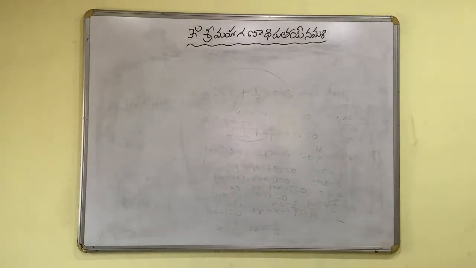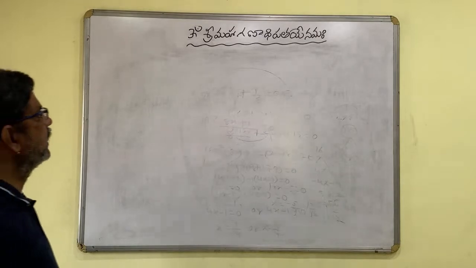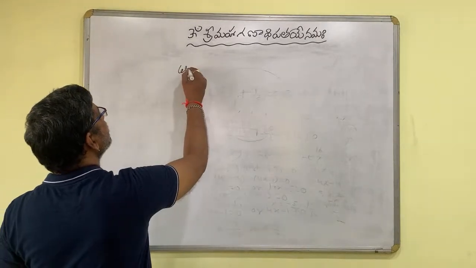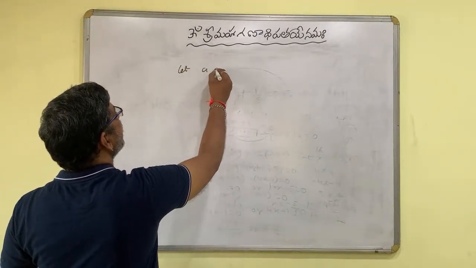Next question. Find the two numbers whose sum is 27 and product is 182. Let the two numbers be α and β.